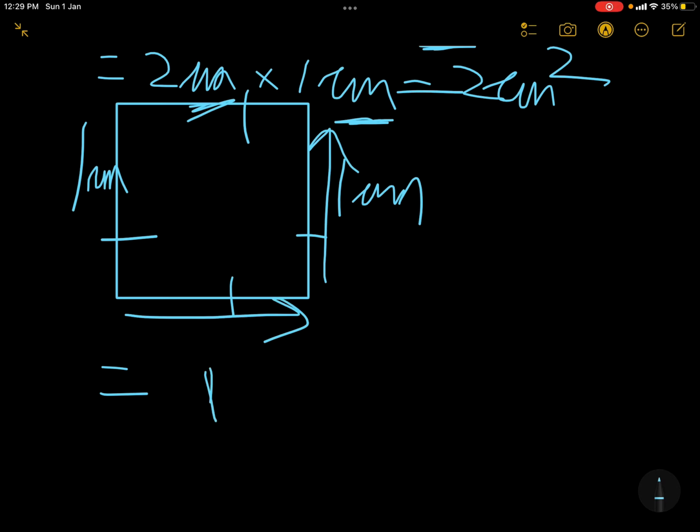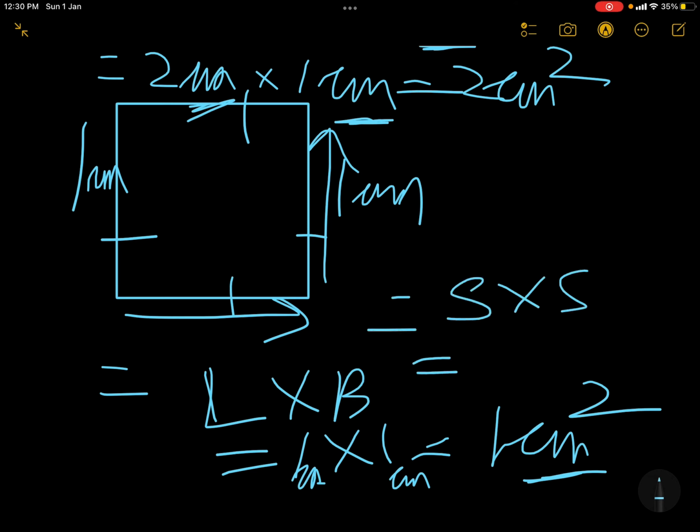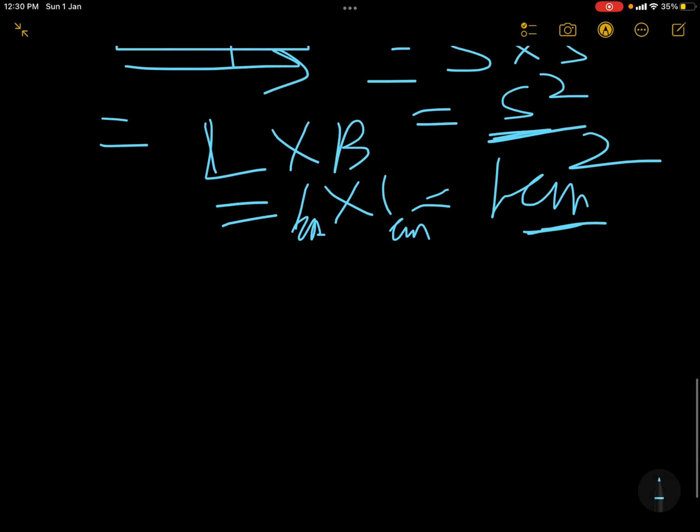So L into B, that is 1 into 1, is equal to 1 centimeter square. Again it will be centimeter square because this is centimeter into centimeter. Now when you write the area of a square, you won't write L into B because L and B are the same. So you will write it as S into S, where S is the side, to form side square. Understood? Now let's understand the formulas.